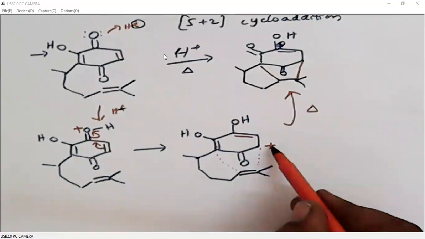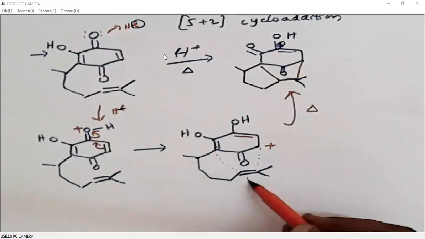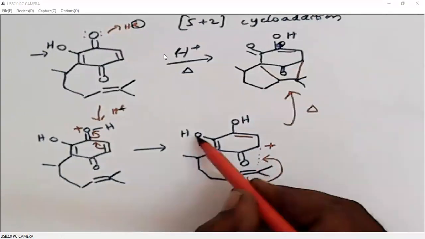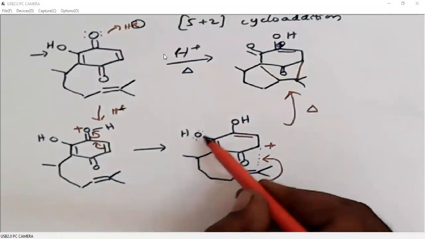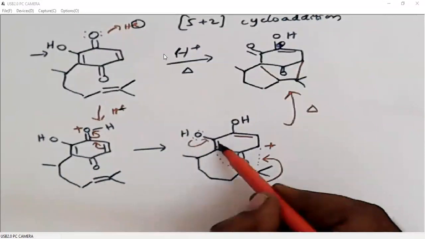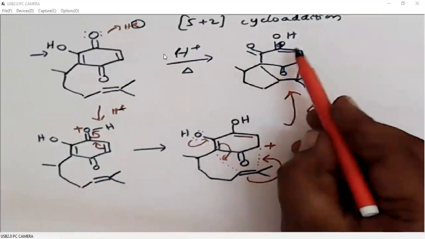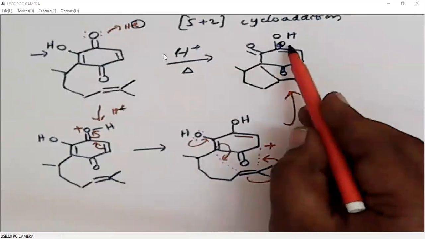Because it is positively charged, we need to polarize this double bond towards the positive charge. Then we can polarize this lone pair on oxygen so that this double bond will be polarized like this. That is why it is becoming a carbonyl, and the enol is itself there.